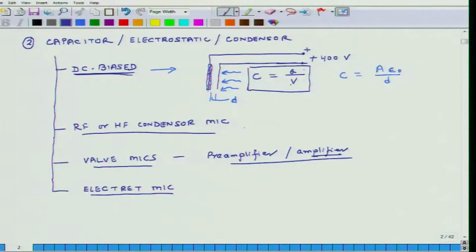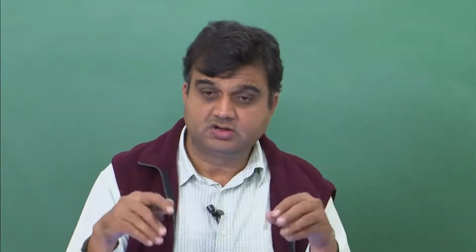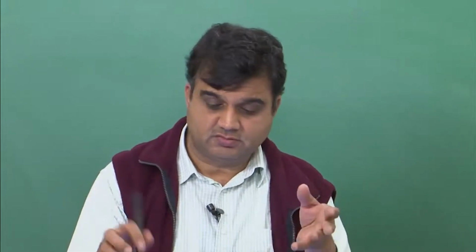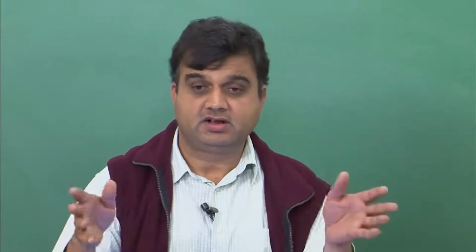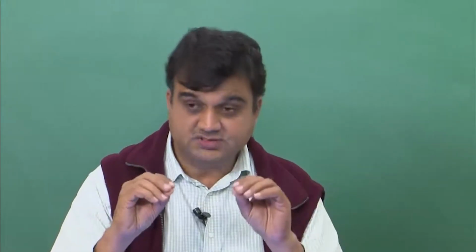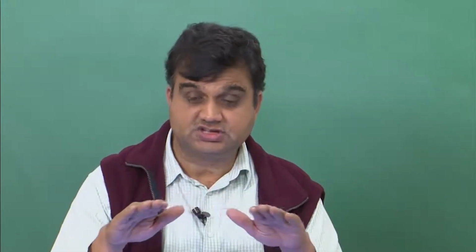In DC biased microphones, you are applying some external DC voltage to have a charge on the system. But in electret, you don't have any external DC bias; rather, there is physical charge actually deposited on the diaphragm. And how is it done?